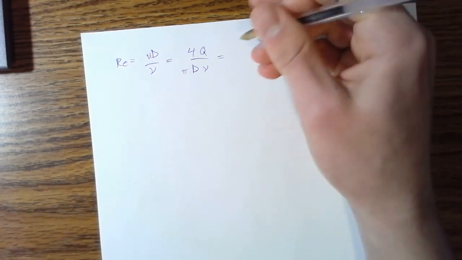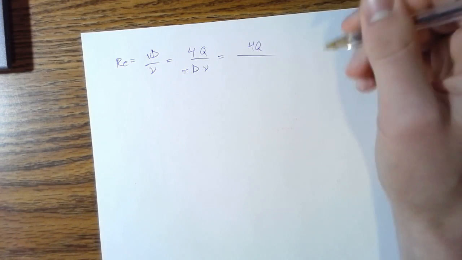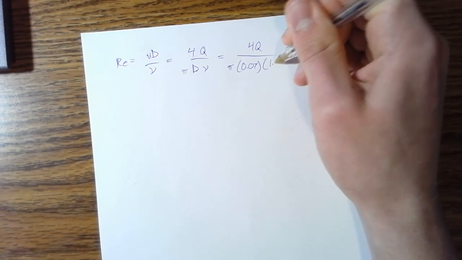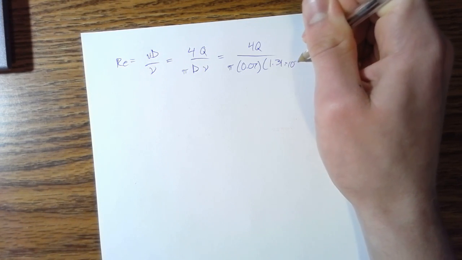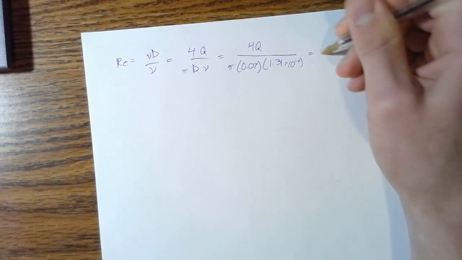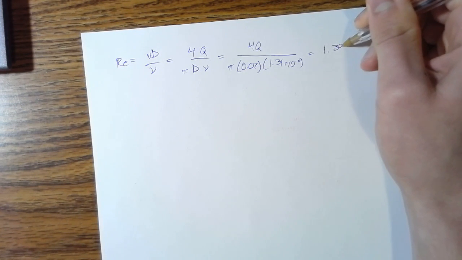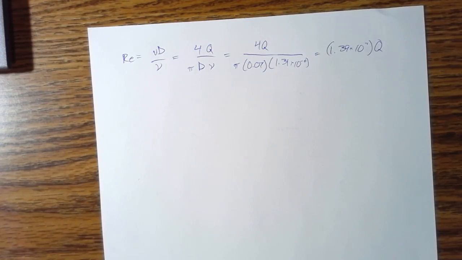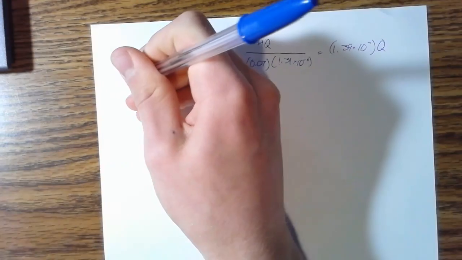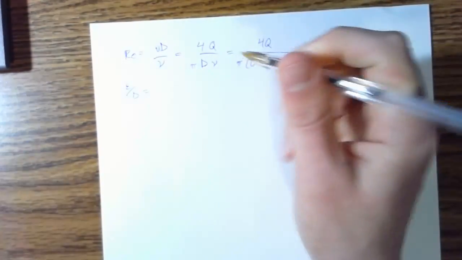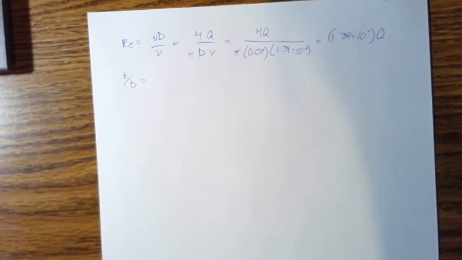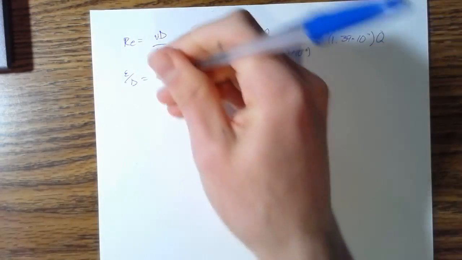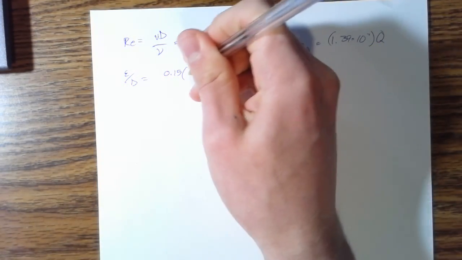And then this is 4 times Q over pi times 0.07 times 1.31 times 10 to the negative 6th, equal to 1.39 times 10 to the 7th multiplied by Q. And we know epsilon over D. Let me make sure this focuses real quick. All right, epsilon over D, 0.15.